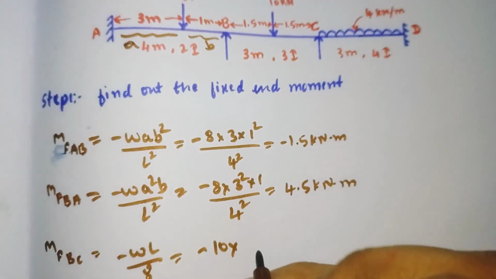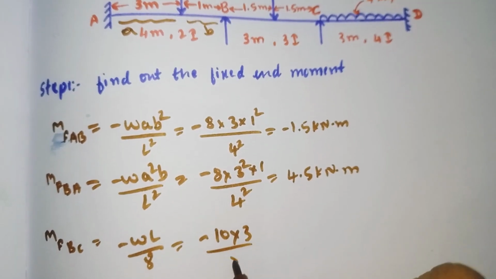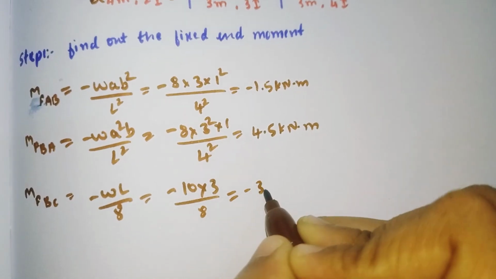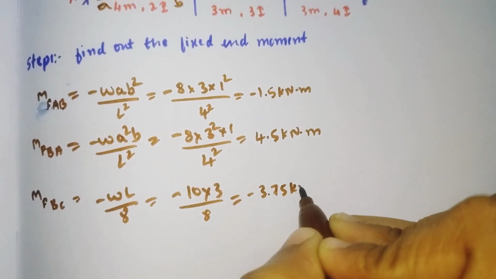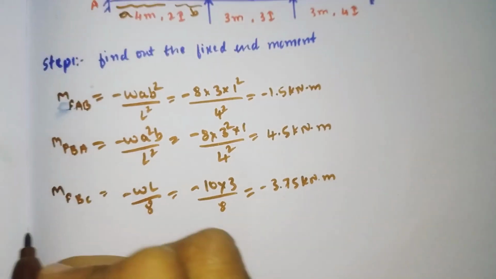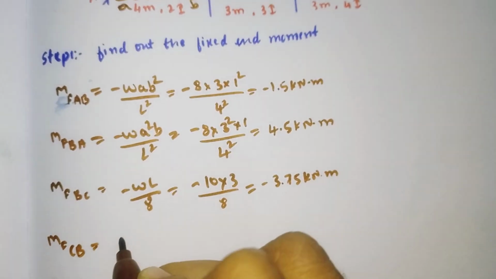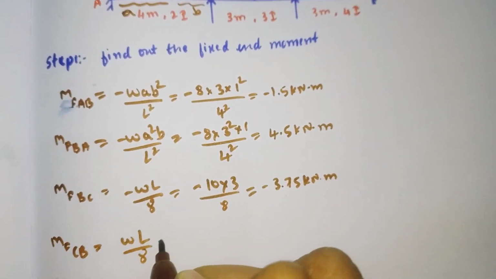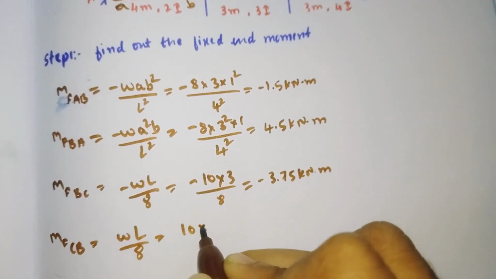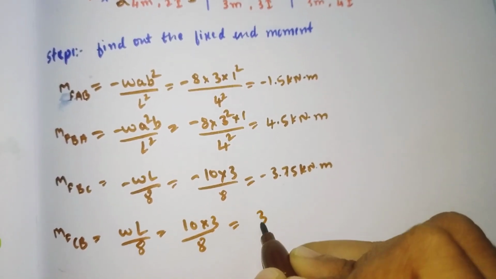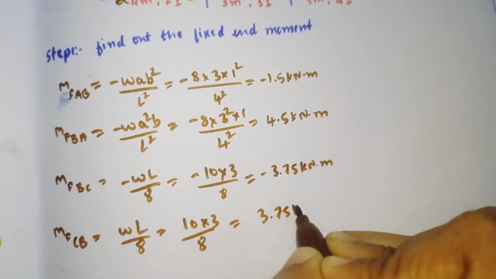By simplifying, it will come out as minus 3.75 kilonewton meter. Similarly, MFCB: load is 10, length is 3, divided by 8, it will come out as positive 3.75 kilonewton meter.